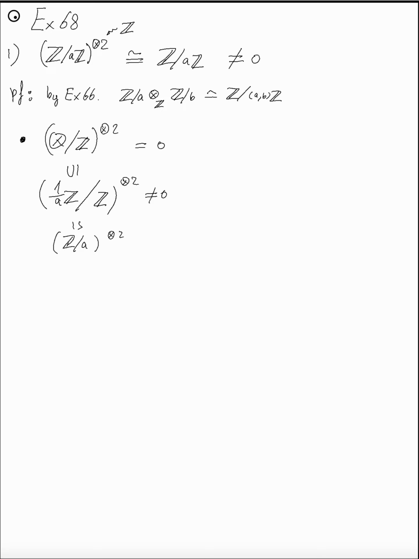So one way to prove this is, recall that exercise 66 or 65 maybe, not sure. We have to say that the tensor product of two modules is 0 if and only if any bilinear map from M times N to some R module P is 0, right?